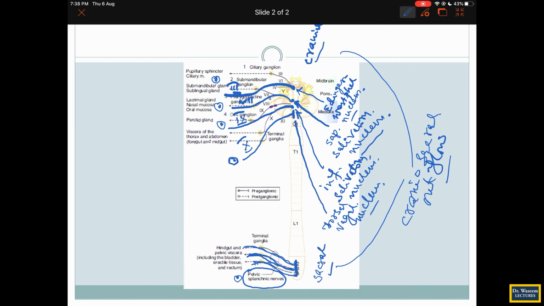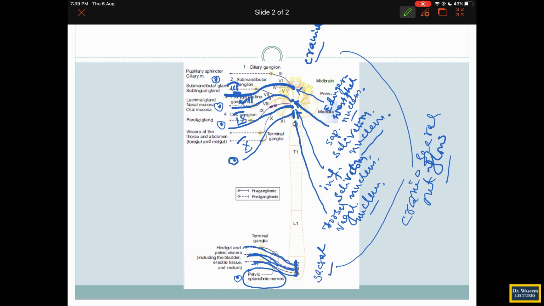Now you have to identify where their postganglionic neuron cell bodies are, in the form of ganglia located outside the central nervous system, where they have to synapse so that their postganglionic axons reach the effector organs. If your oculomotor nerve is bringing preganglionic fibers, these fibers will enter into the orbit where your eyeball is located.